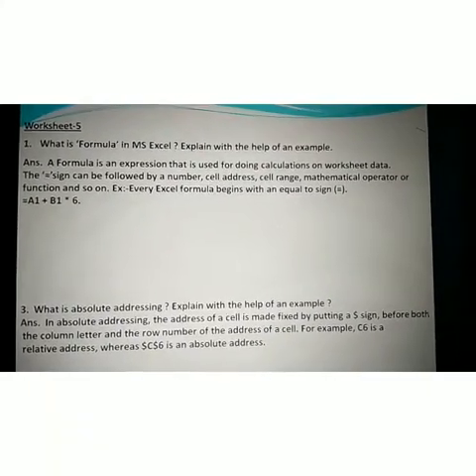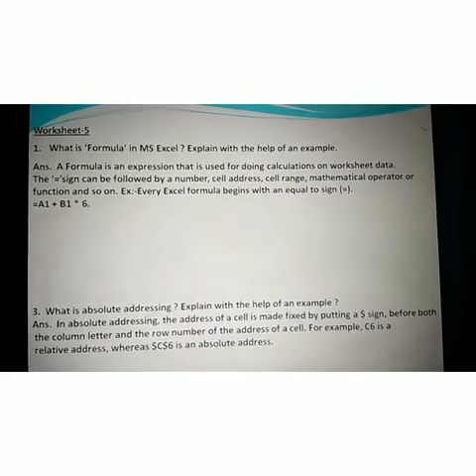The equal sign can be followed by a number, cell address, cell range, mathematical operator or function, and so on. For example, every Excel formula begins with an equal to sign. So A1 plus B1 into 6 is an example of a formula in MS Excel.